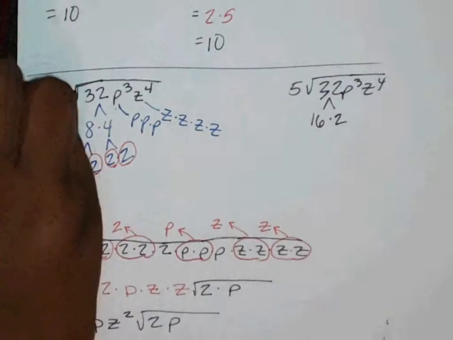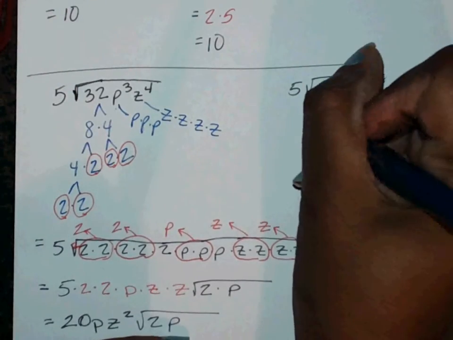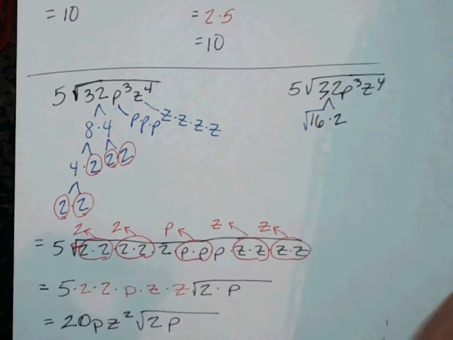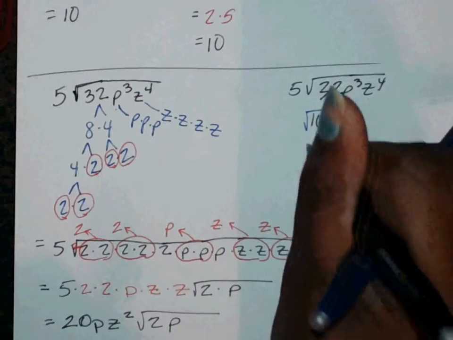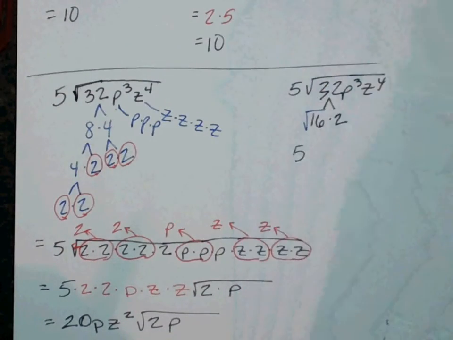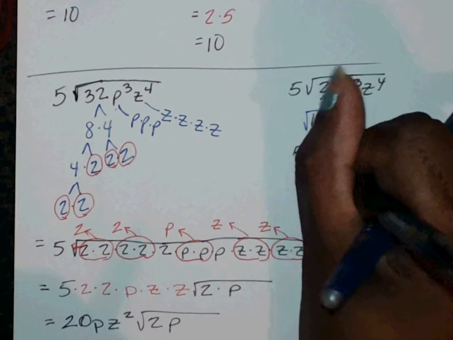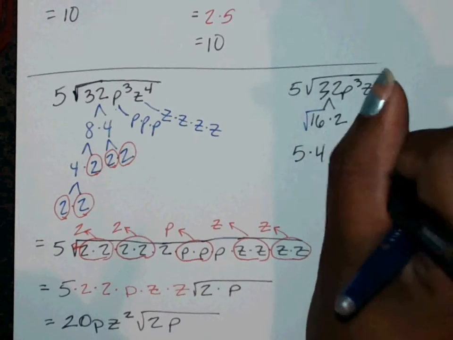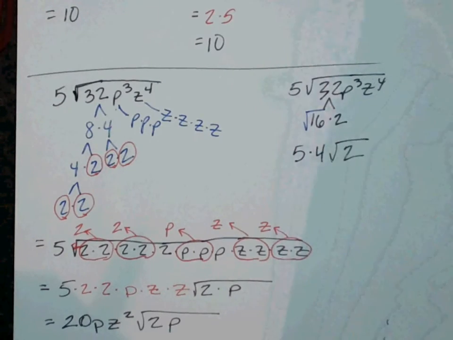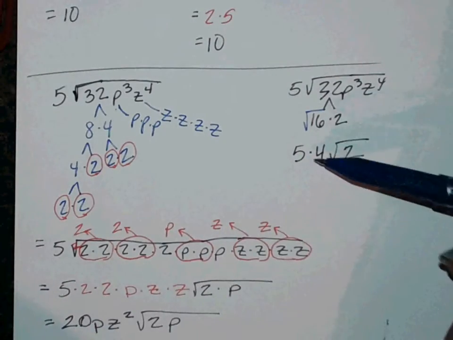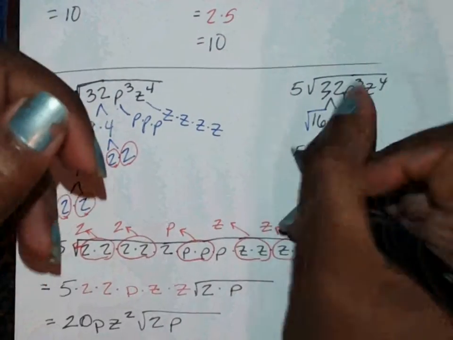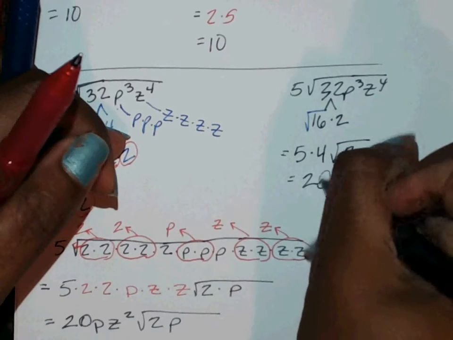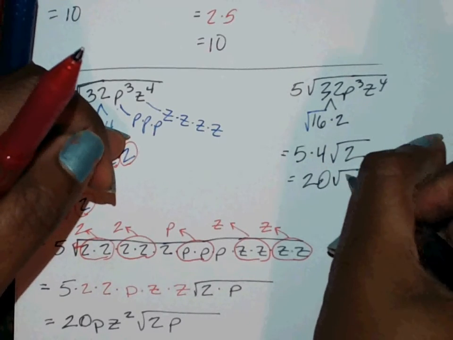So 16, if you think about the square root of 16, the square root of 16 is 4. So you have the 5 that was already there times the square root of 16, which is 4, and then you have a 2 left over. And so now your answer would be 20 square root of 2.